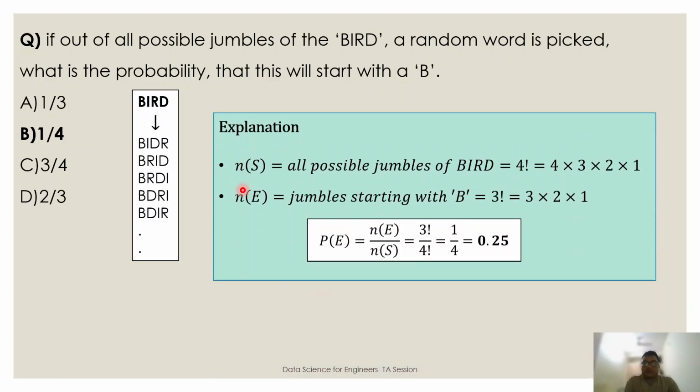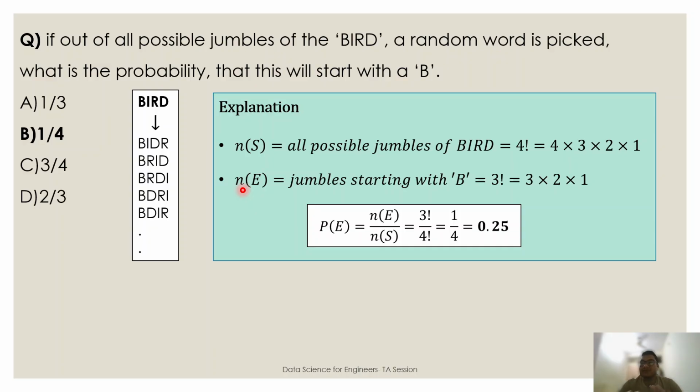I hope you got the probability concept. Those who were not able to solve this probably forgot the concept of permutation and combination. In probability, permutation and combination is a very basic concept.